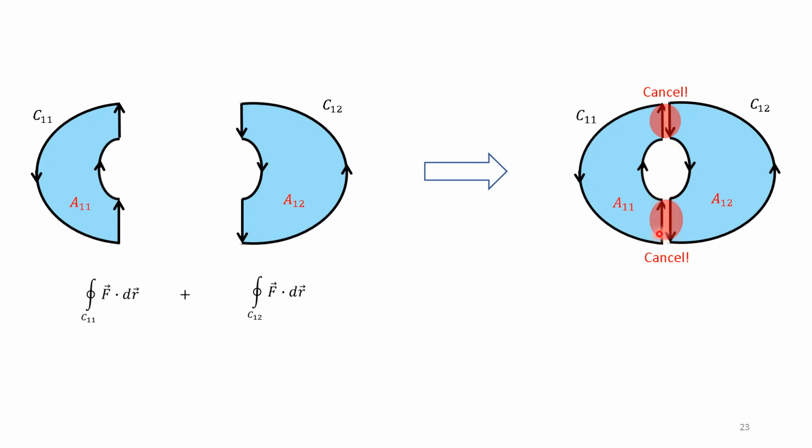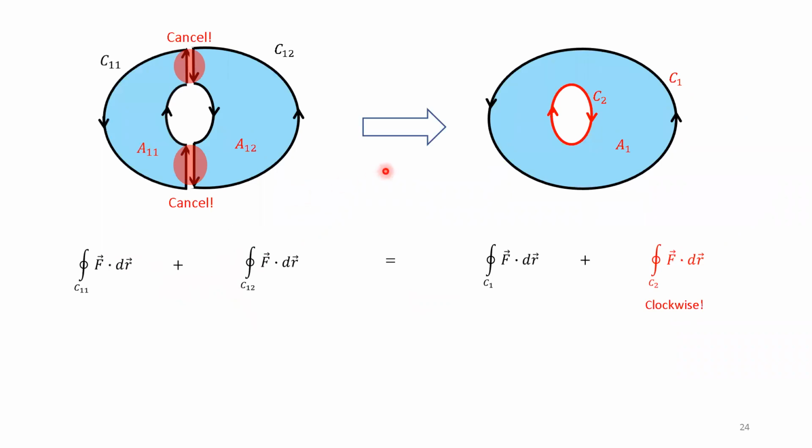Then the line integral that encloses A11 plus the line integral that encloses A12 equals this big line integral out there plus this small line integral inside. And you can see that this line integral inside, just follow the arrow, is going clockwise.